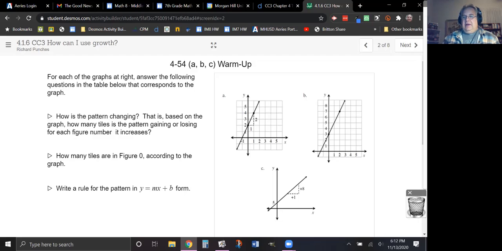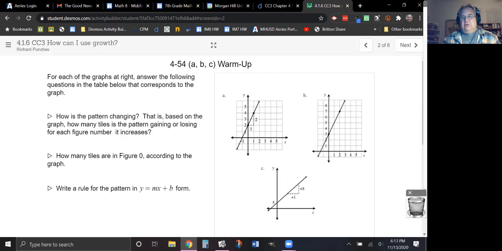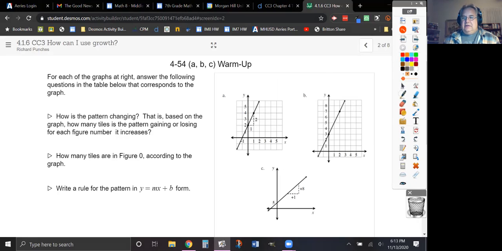So as I look at part A here, the parts that you'll fill out are at the bottom. As I look at graph A, what I'm seeing right away is that this graph is showing me the growth rate. If these are my figure numbers, and these are my number of tiles, then this graph is saying that it's going to grow 2 tiles for every one figure.